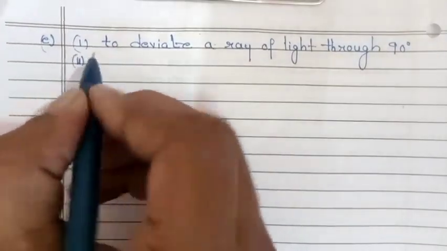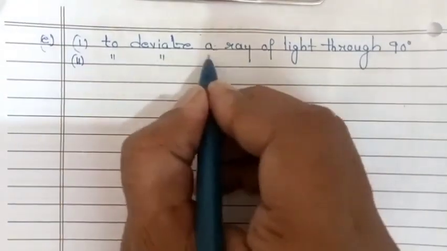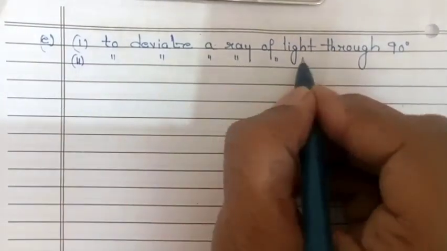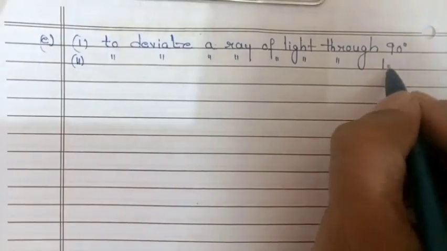Second use we can give, to deviate a ray of light through 180 degree. So these are the two uses we can give. There is one more use, that they are used to erect an inverted image.